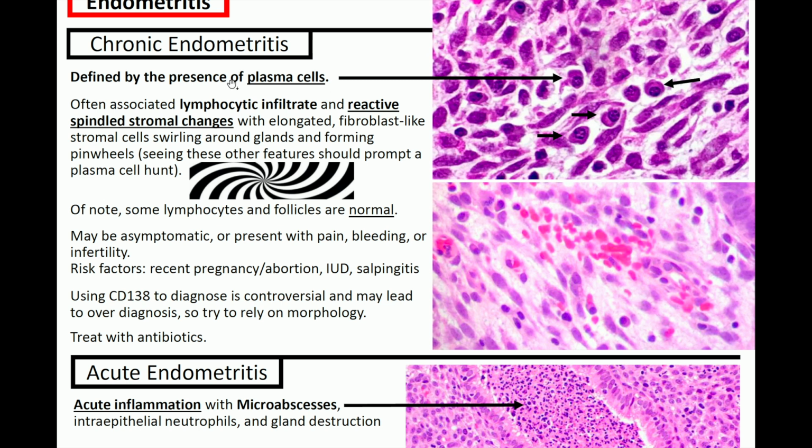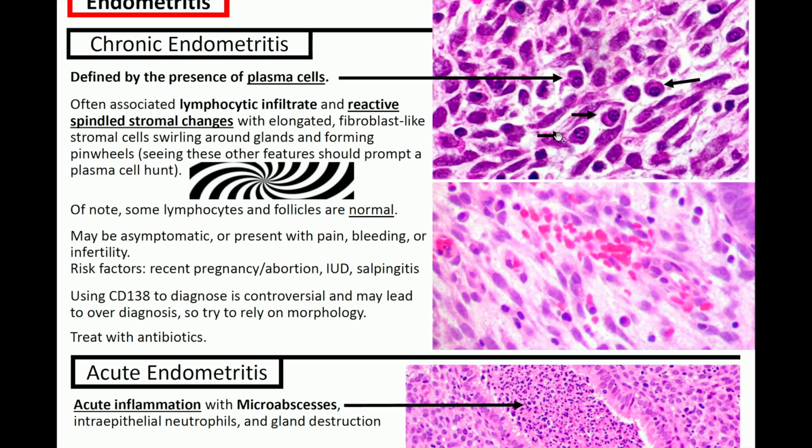Seeing these other features should prompt a plasma cell hunt. So if you're seeing swirling or whirling in the stroma, you can go up on higher power and look for plasma cells. Of note, some lymphocytes and follicles are normal in this instance.